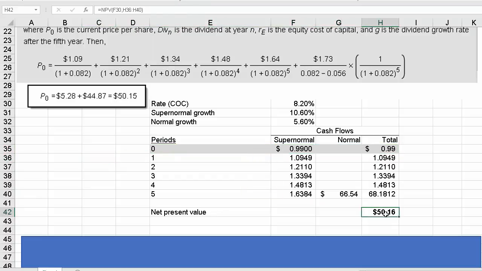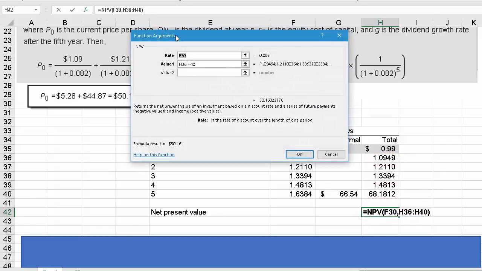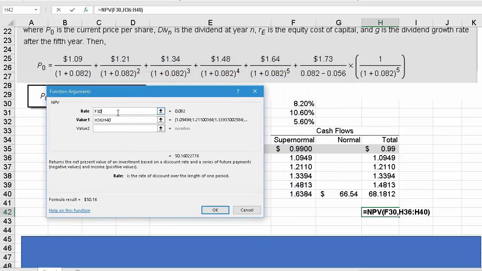And then what I'm going to do is just use the net present value formula. I'll call this up so you can see what it looks like. I'm simply going to take the rate given in F30, that's the 8.2%, and then that stream of cash flows.